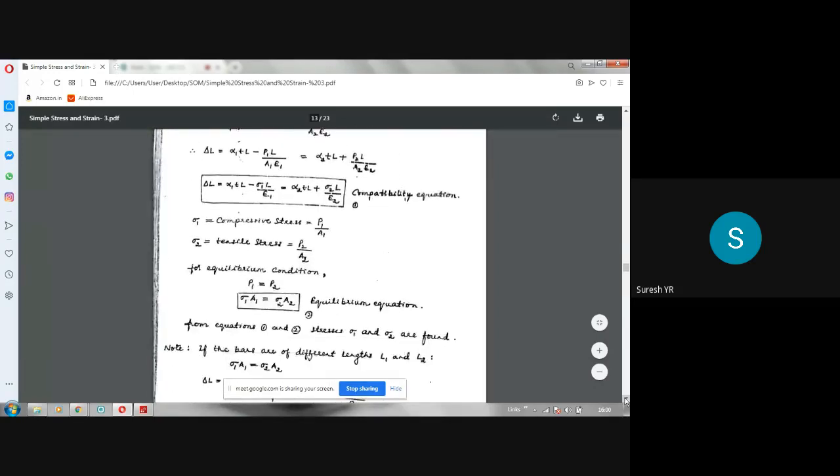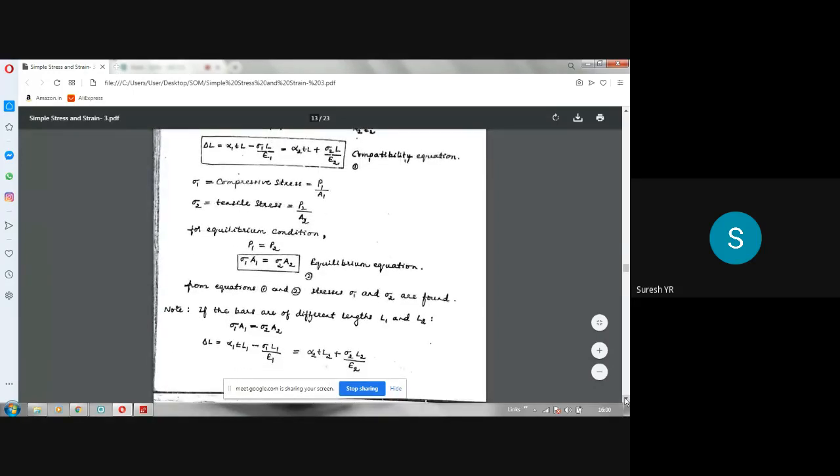The second equation is the equilibrium equation, which says that the tensile force and the compressive force developed in the bars will be equal numerically. So for equilibrium, P1 is equal to P2. In this case, P1 is compressive, P2 is tensile. If you substitute that in terms of stresses, sigma 1 A1 is equal to sigma 2 A2.